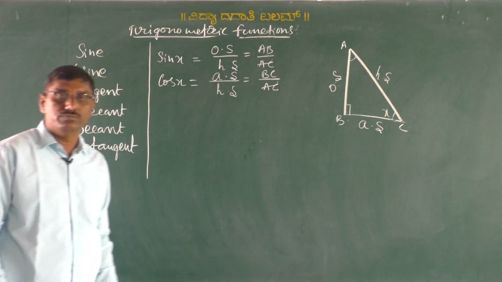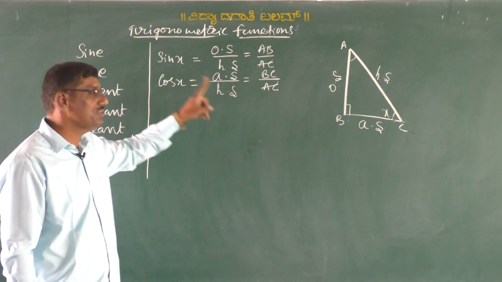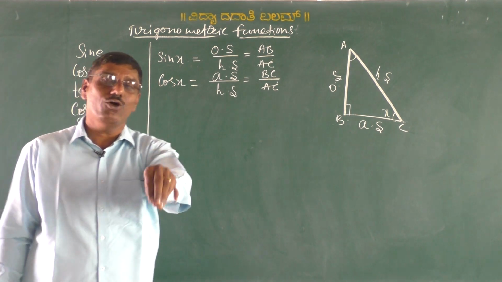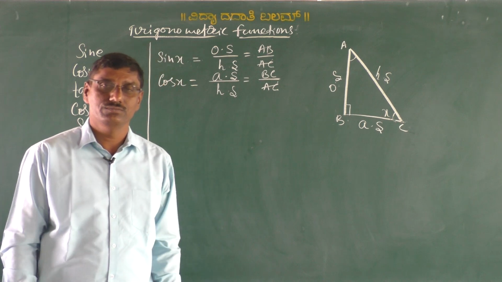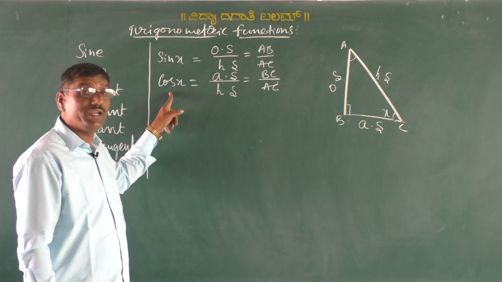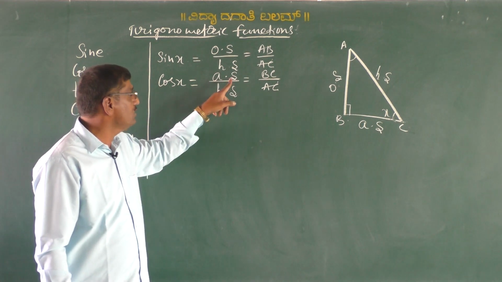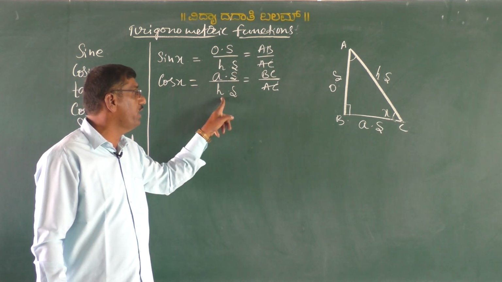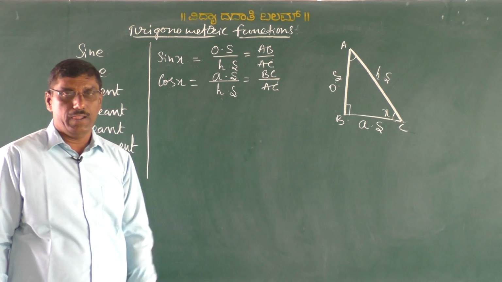Are you understood? This is the definition of the cosine trigonometric function with respect to an acute angle, denoted as cos x and defined as adjacent side divided by hypotenuse side.